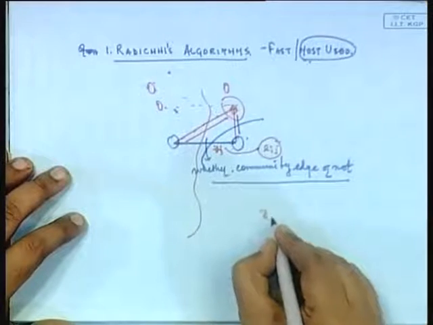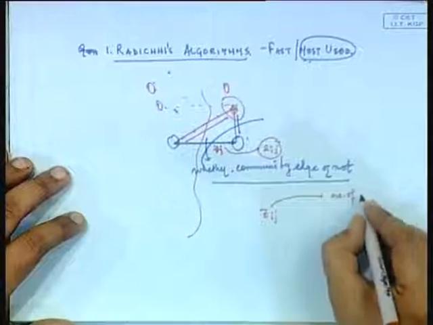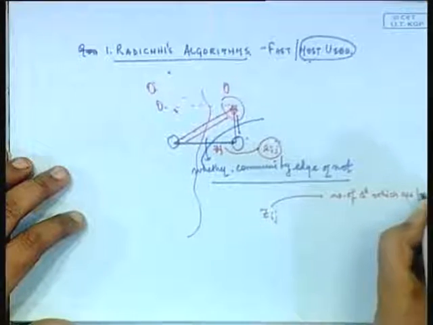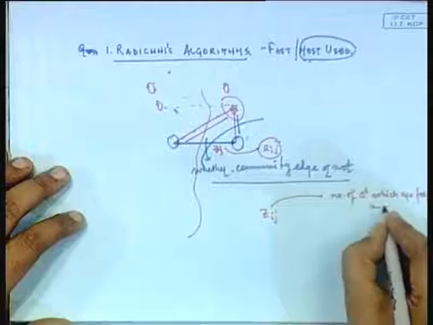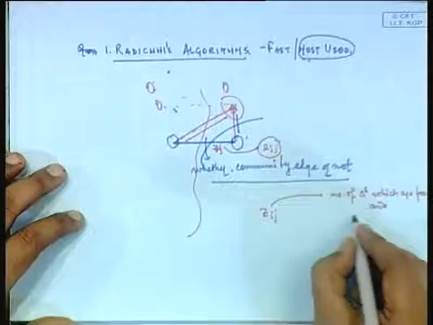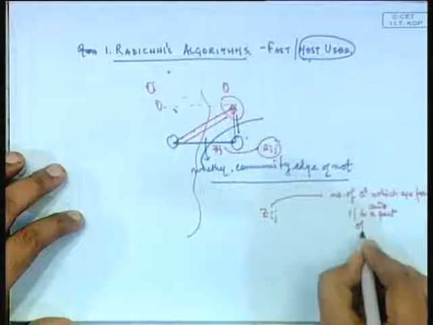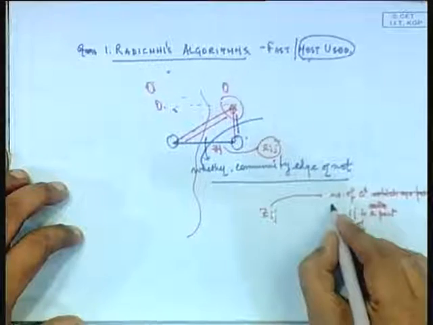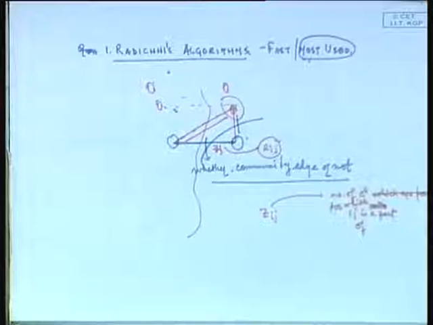So, I define a term, Z_ij, which means the number of triangles for which ij is a part of. Okay. Number of triangles for which ij is a part of.